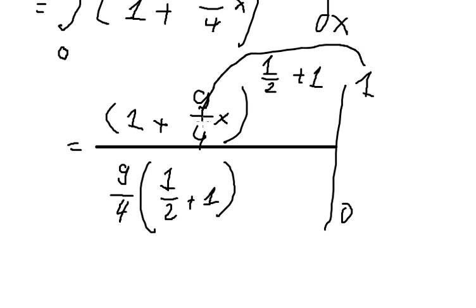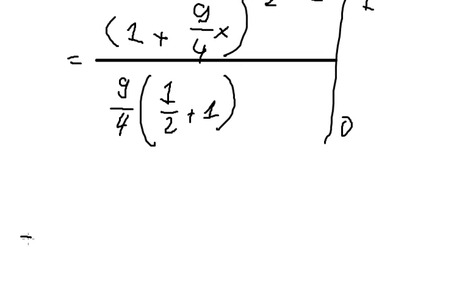Now we put number 1 and number 0 in here, so we got like this. We simplify this one in here. 8 over 27, we put number 1 in here.